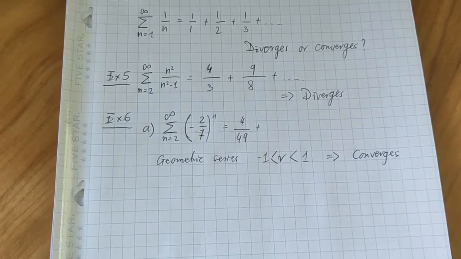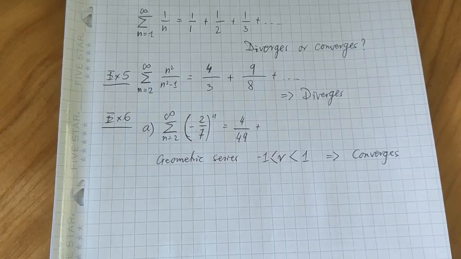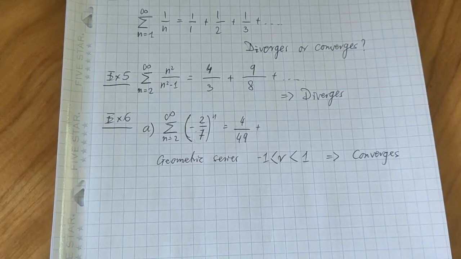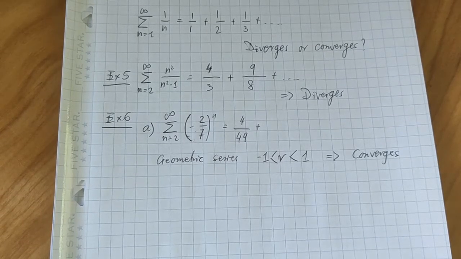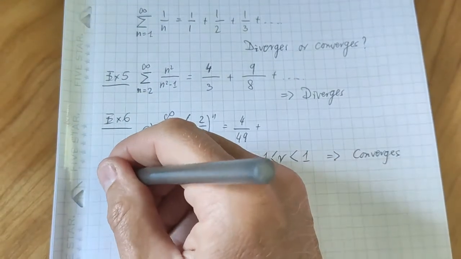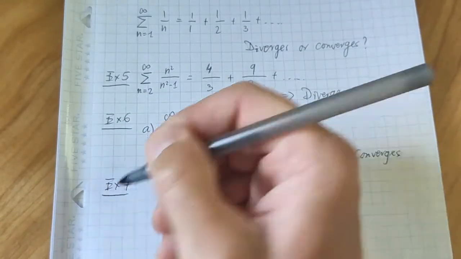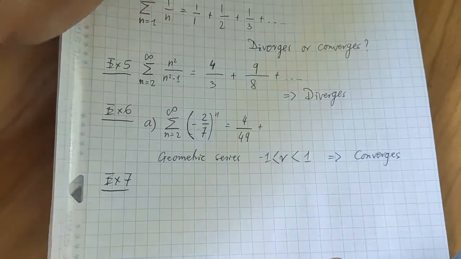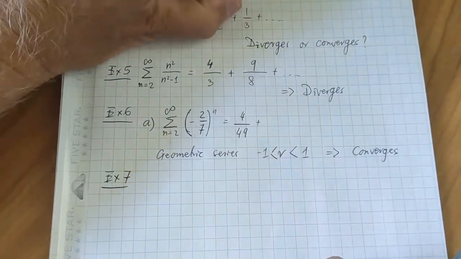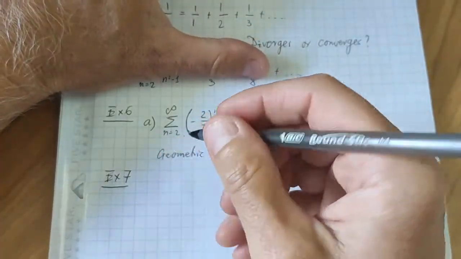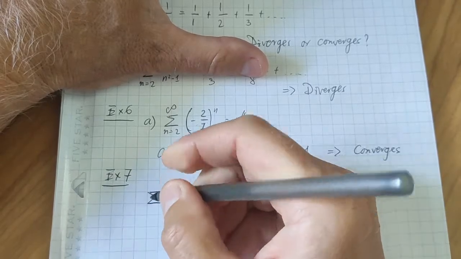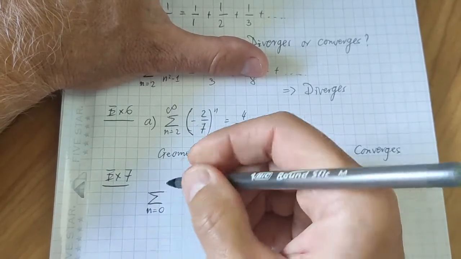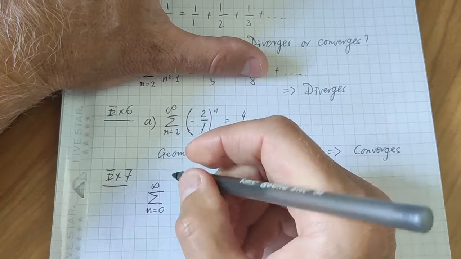Let's do, what do I have? I have one more. So example 7. And after that we'll go back to the harmonic series. Okay. So this one looks like this. It's a sum with n equal to 0 to infinity.